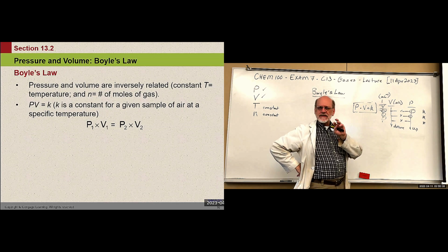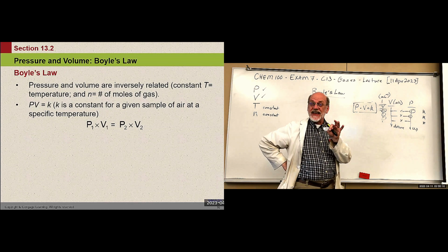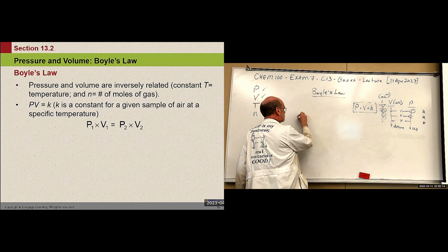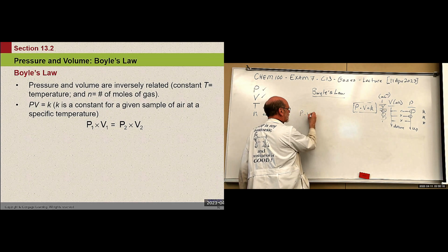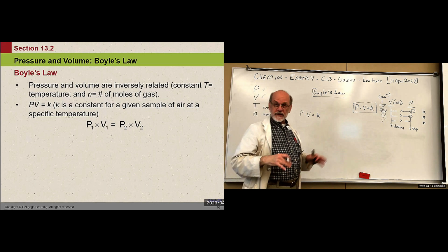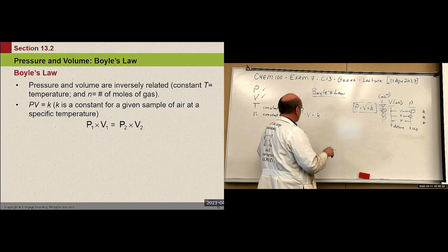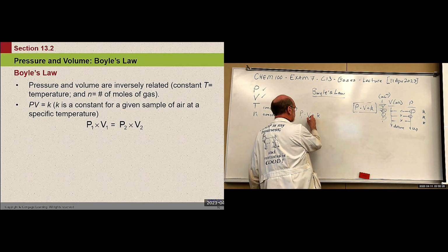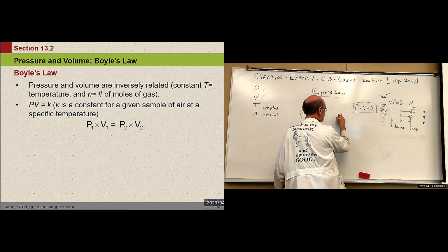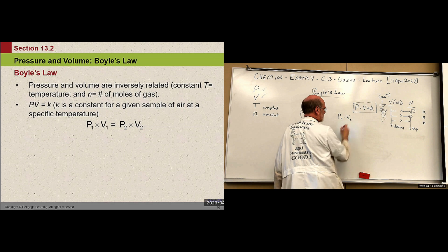Well, let's take that to our advantage. If we measure the pressure times the volume is equal to some constant, and then before the experiment's over, we measure it again. So we measure it the first time, and then the second time, we measure it again, right?